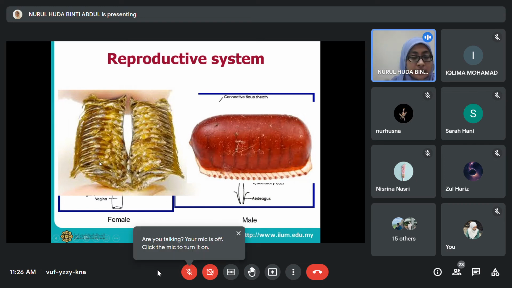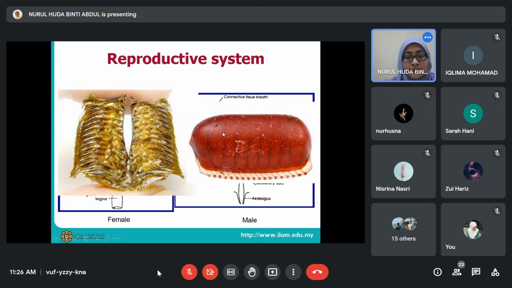Inside is actually not just one egg, but there are sometimes 100 or more, or maybe less than 100 eggs clumped together. Okay, so bila sarung telur ni menetas, there are a lot of anak yang akan keluar.